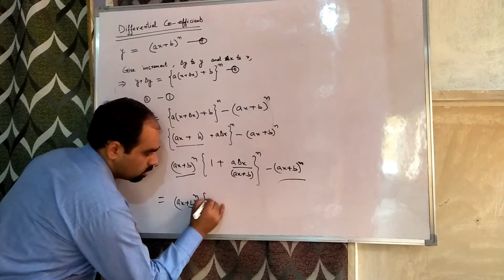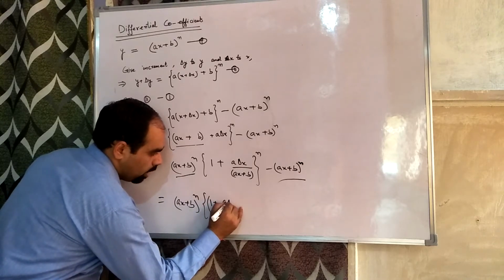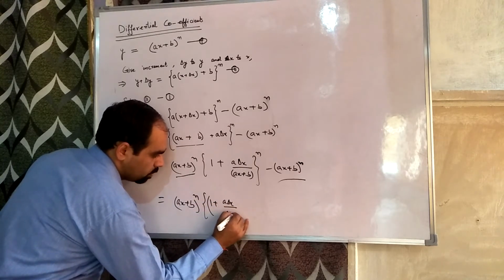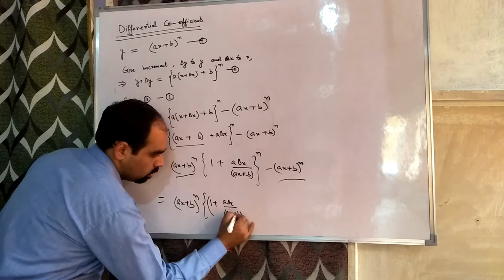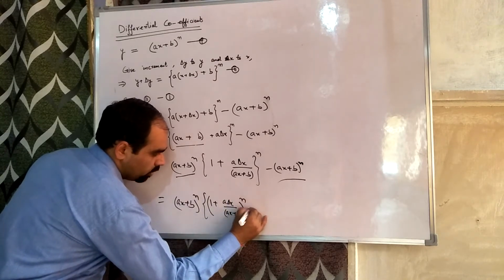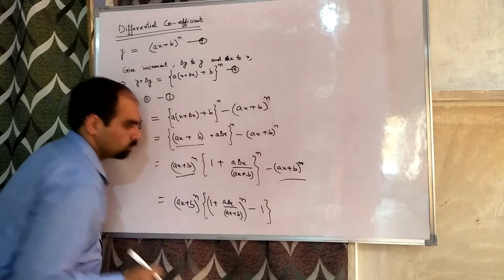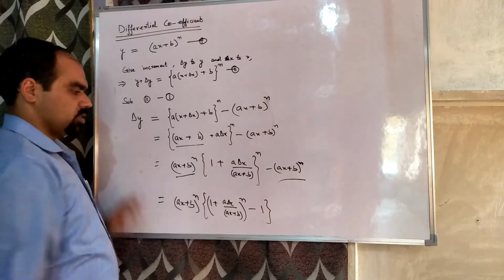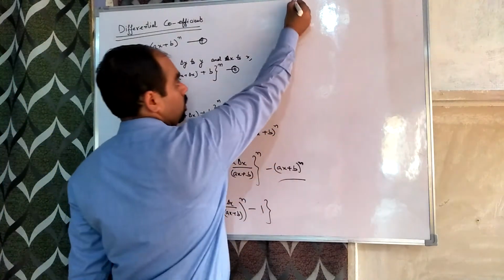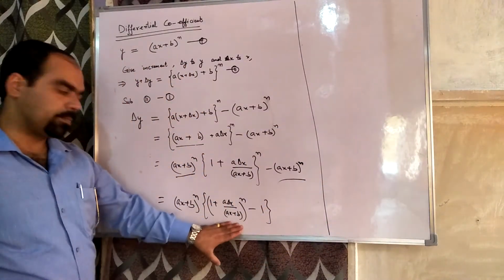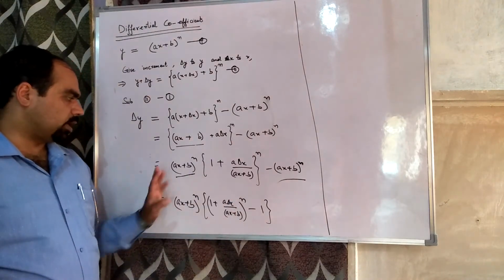One plus a delta x upon (ax plus b) raised to power n, minus 1. So this is your next term. Did you understand up to here? We took this out from here.